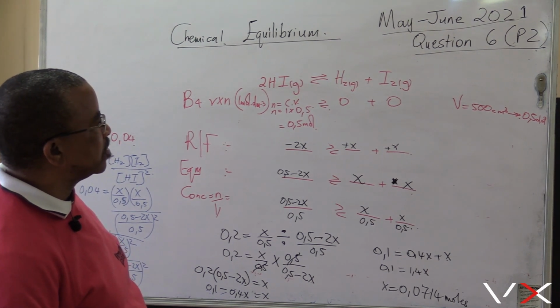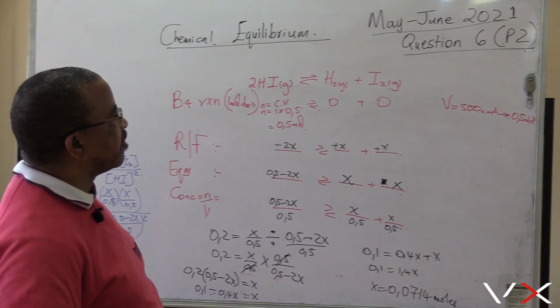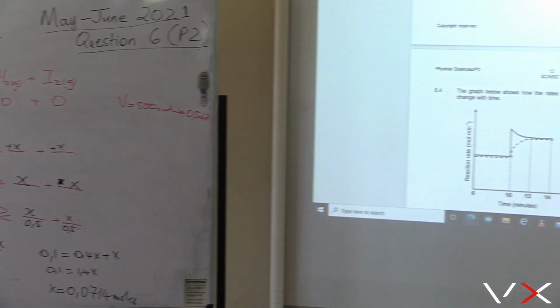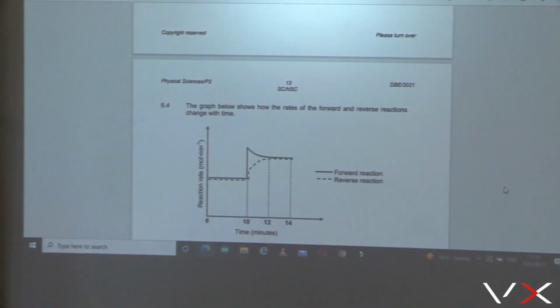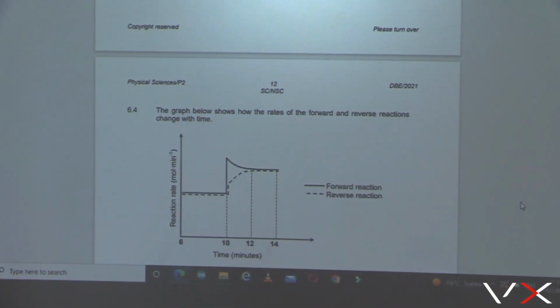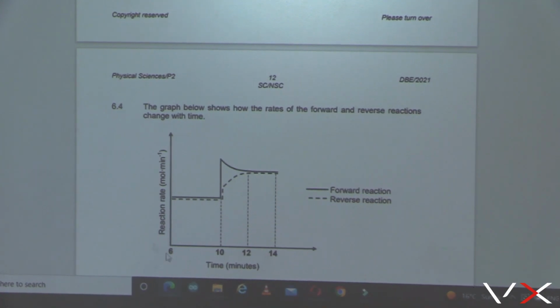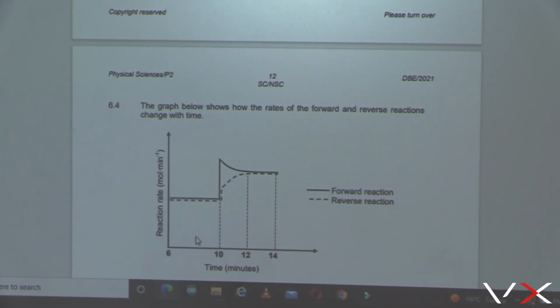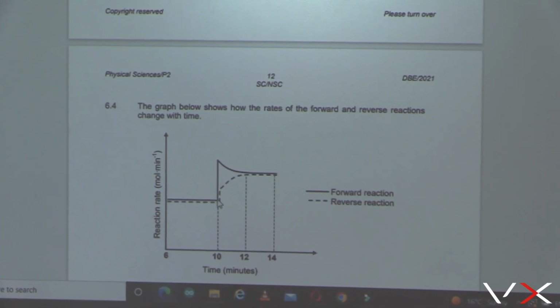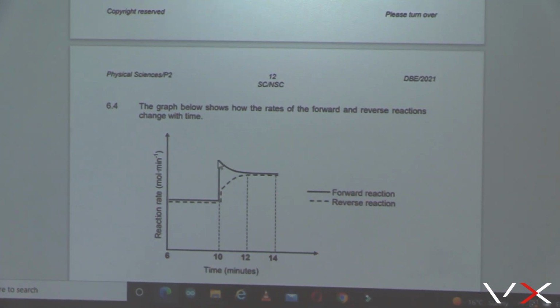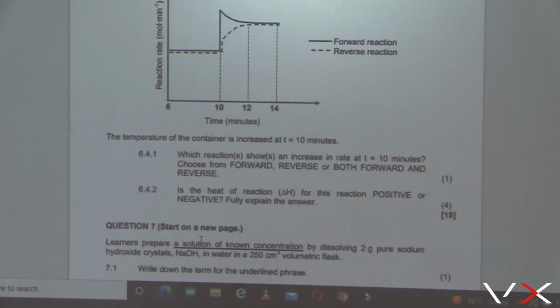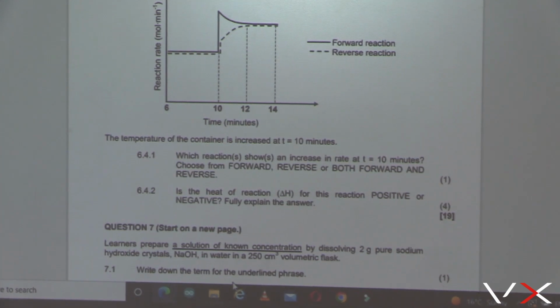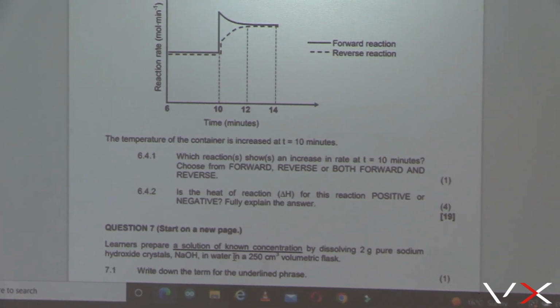Then we go to the graph below, which shows how the rate of forward and reverse change with time. Something happened here: the rate of forward became more and the reverse increased. The temperature of the container is increased at 10 minutes.